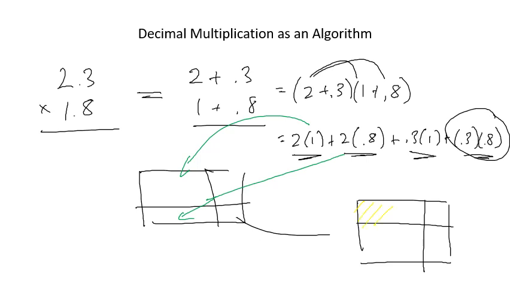So here's our 3/10, here's our 8/10. And we can look at this cross-hatched piece in here and talk about how to get this as not 2.4, which is what a lot of students are going to want to make that, but that it's 0.24, that it's 24 hundredths, not 24 tenths.